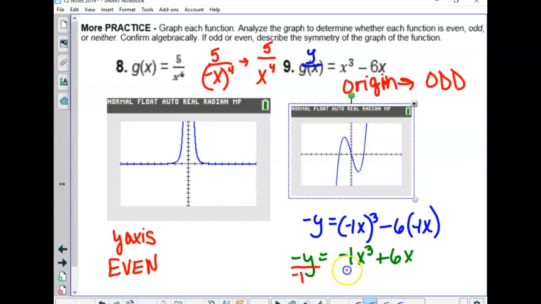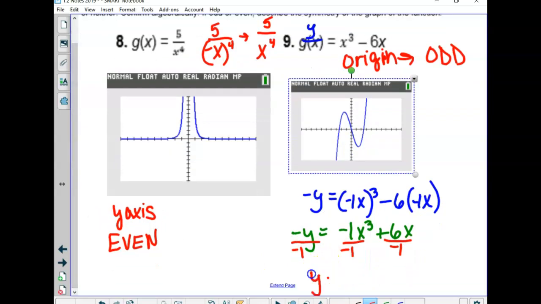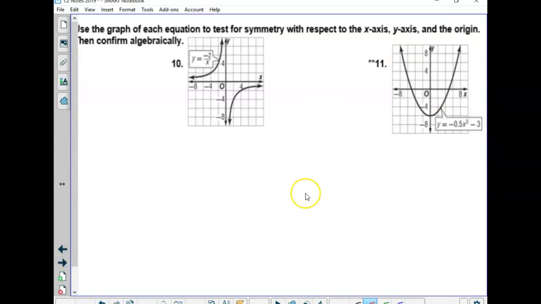Yeah, because we got to divide everything by negative 1 to get y back to what we started with. Now once the y is back, this is actually all back to what we started with as well. All right, so what you need tied in your head together is that even means y-axis, odd means origin.